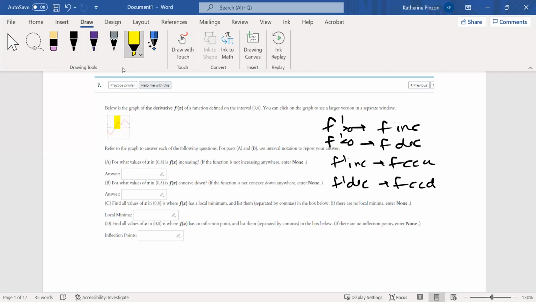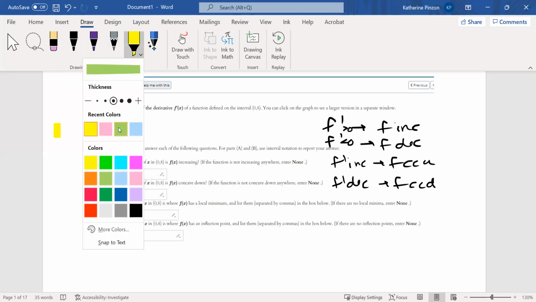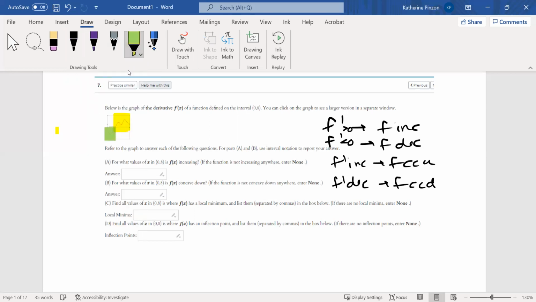Okay, so this guy is positive on that side and negative on this side. So we need to know what that number is. I gotta make it bigger on this screen over here. So it crosses at 3, right? So before 3, the derivative is negative.